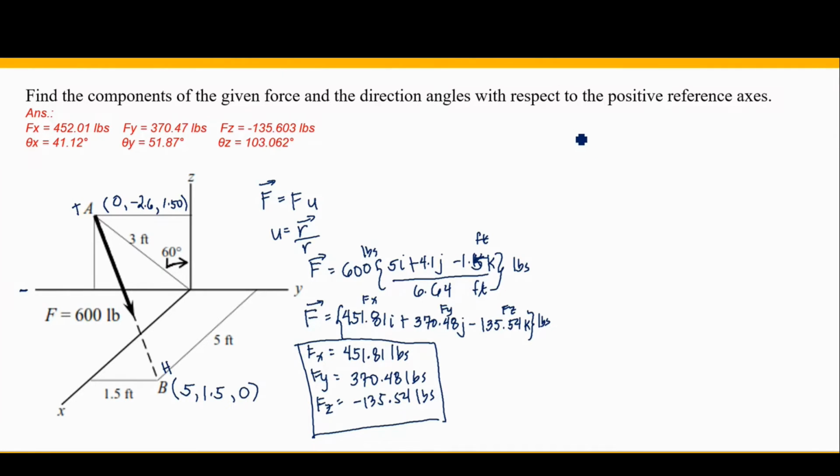Okay, next, we have here the direction angles. So, we have here theta x, theta y, and theta z. So, ito yung missing.